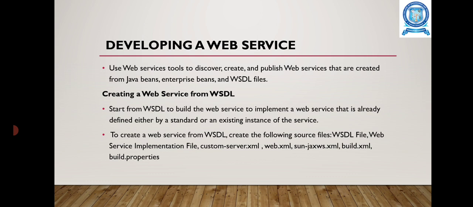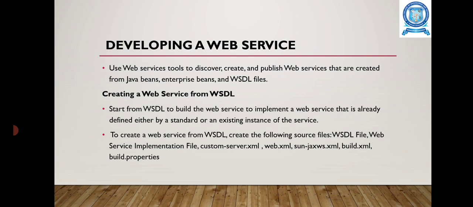To create the web service from WSDL, create the following source files. First is the WSDL file, second is the web service implementation file, then customer service server.xml, web.xml, sun-jaxws.xml, build.xml, build.properties.